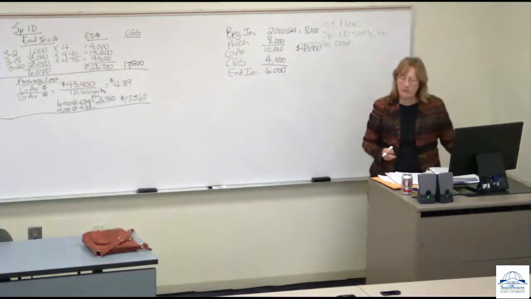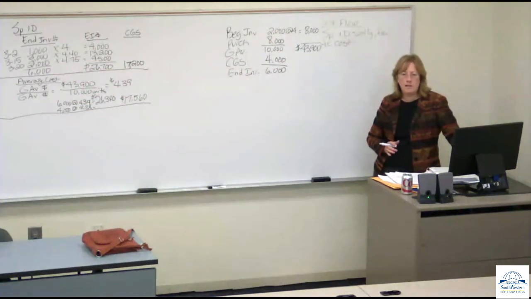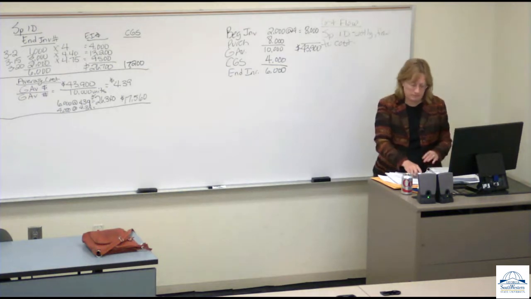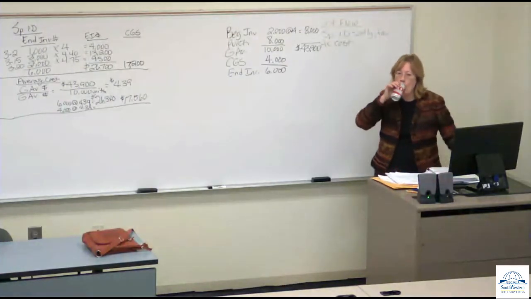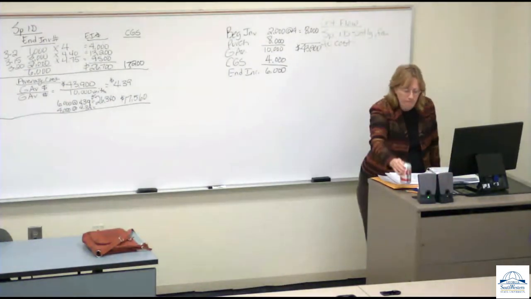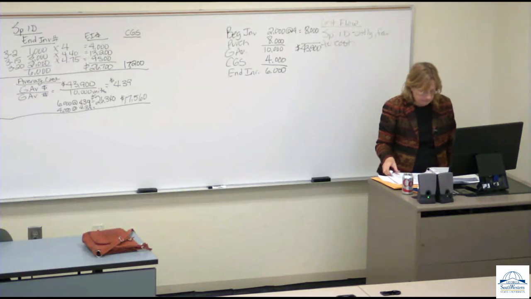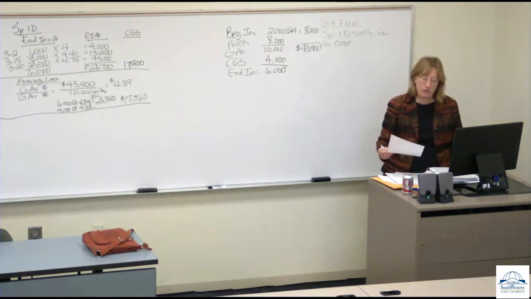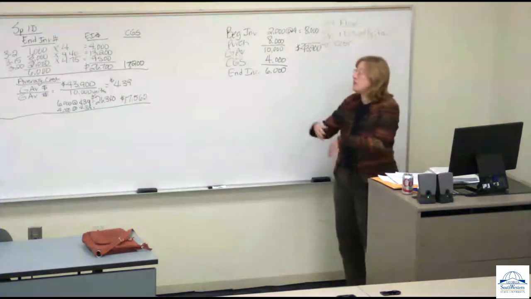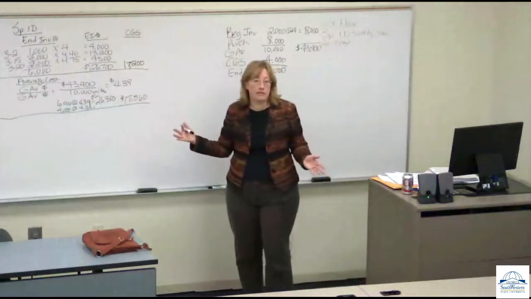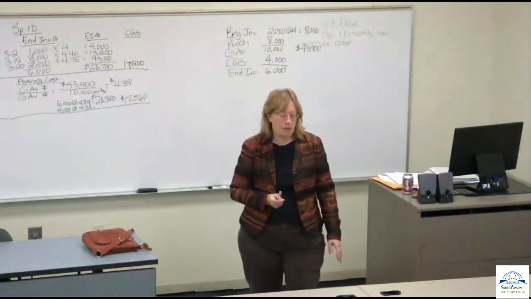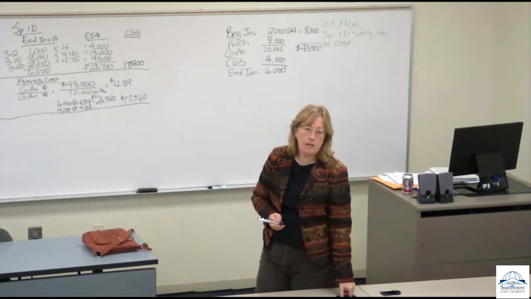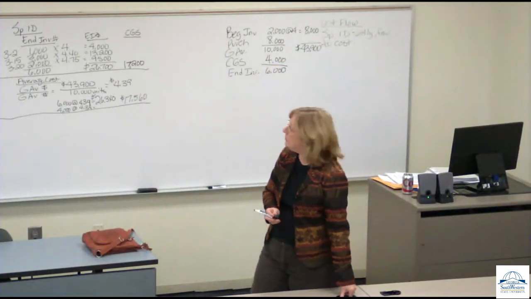All right, I feel like we're struggling on this a little bit. Tell me if we're clear or not. Kyle, how are we doing? I'm fine. I was just confused at first on how we got the 17,200.